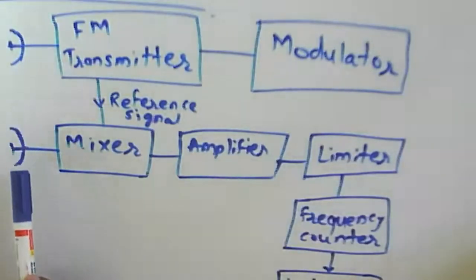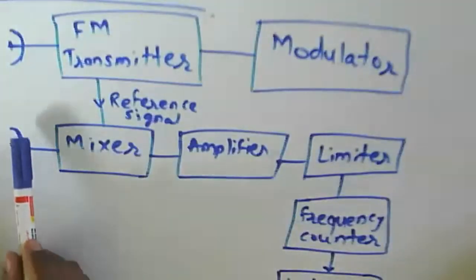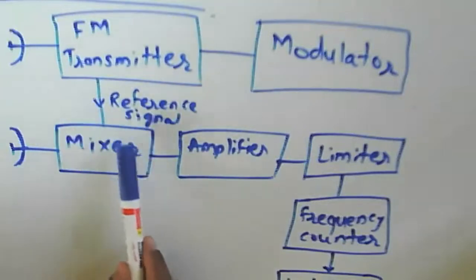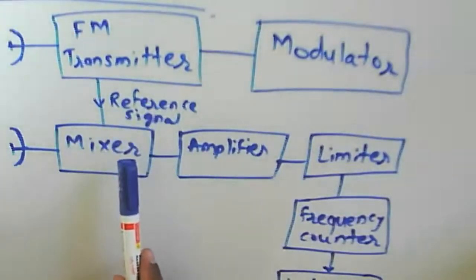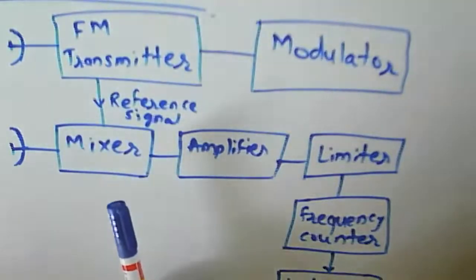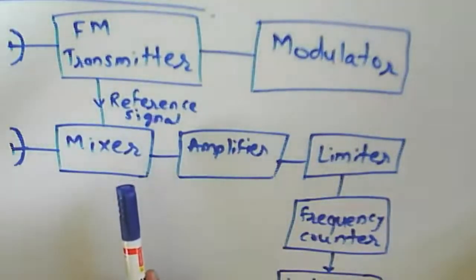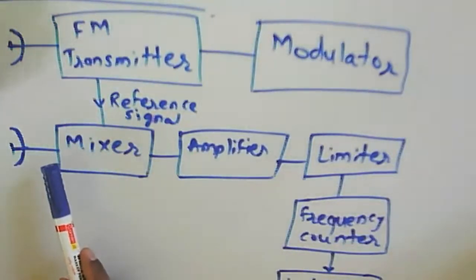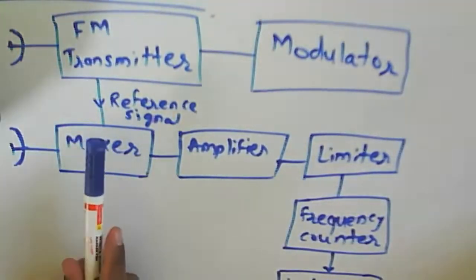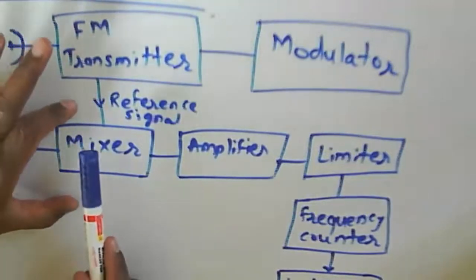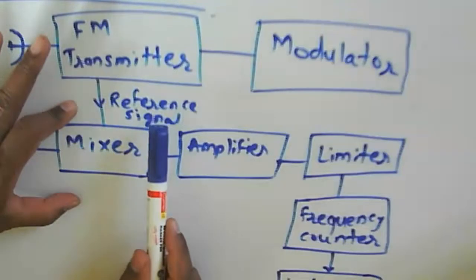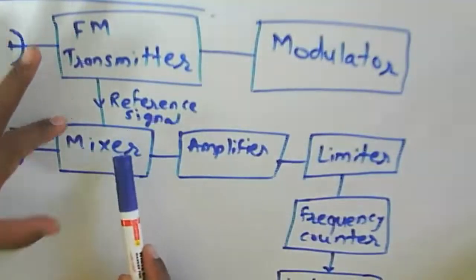To keep the isolation, we are supposed to have a separate component there, and we provide a small reference signal, and that reference signal is to identify the echo signal. For that purpose, we use a reference signal at the mixer.